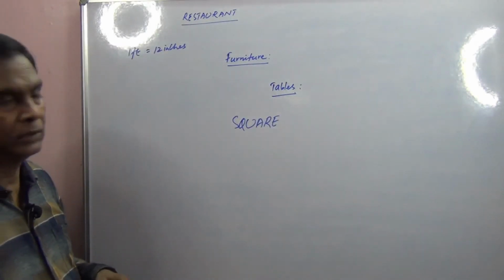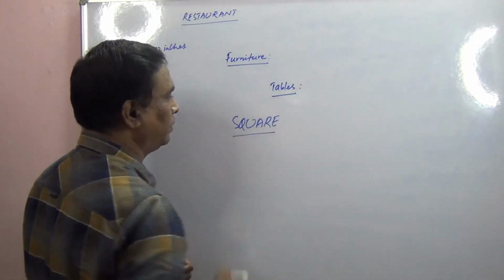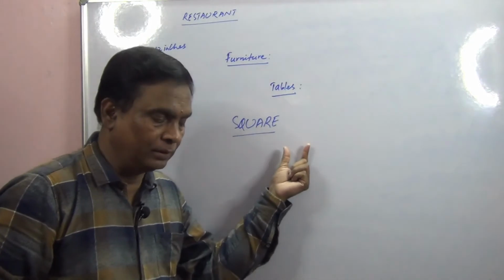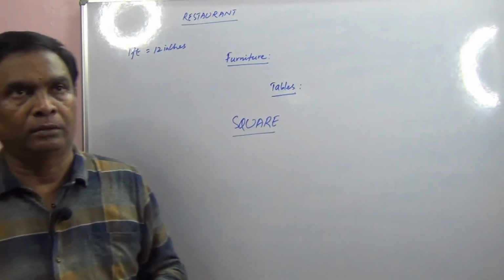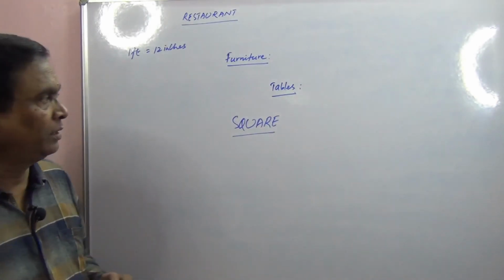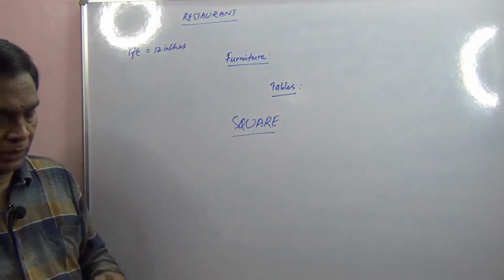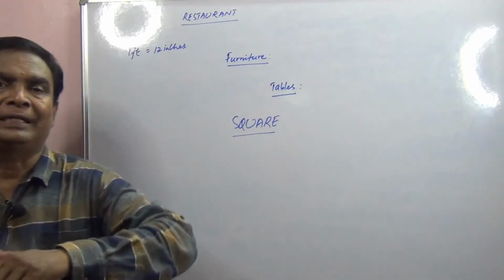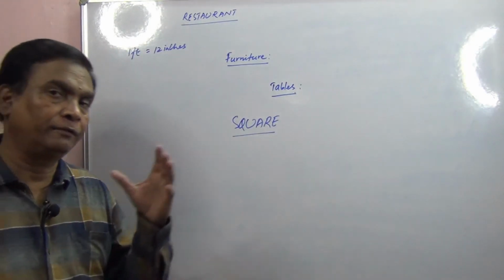Square table. Here, square tables are of two different sizes available in a restaurant. One is meant for 2 people, the other one is meant for 4 people.